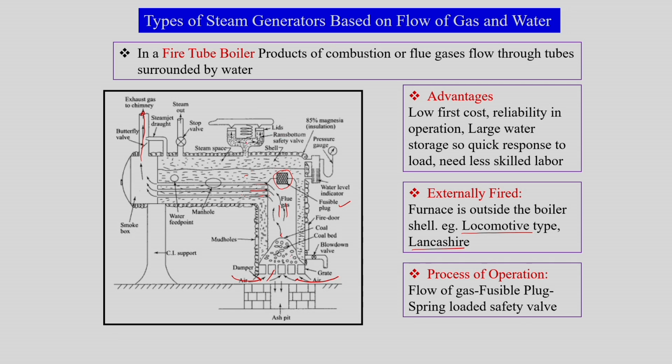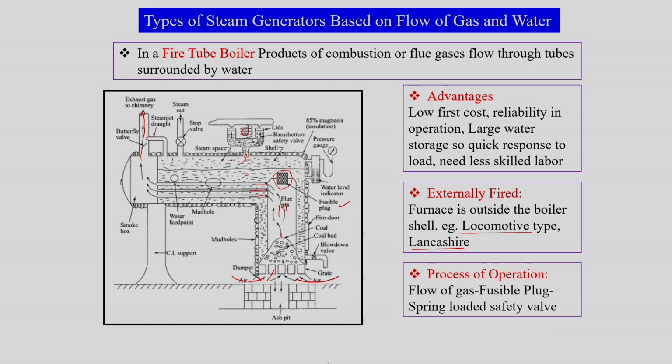Then there is the pressure safety valve. This is a spring based mechanical safety valve where the spring pressure is adjusted such that the force of the pressure of the steam and the spring get balanced and the valve remains closed.